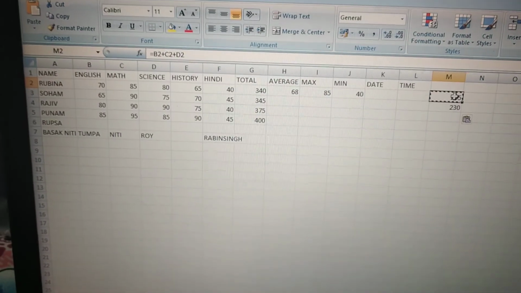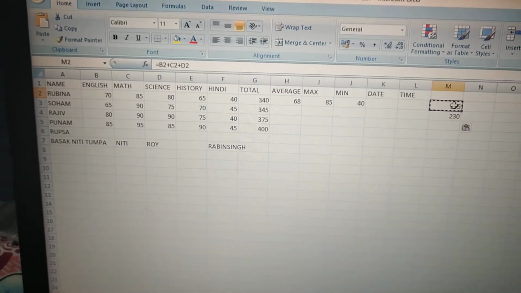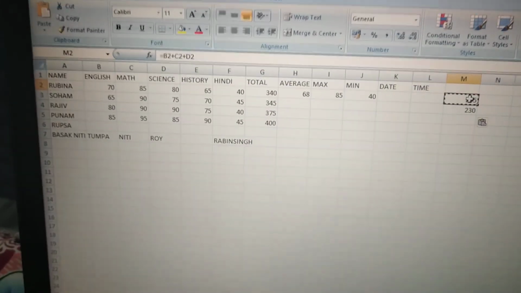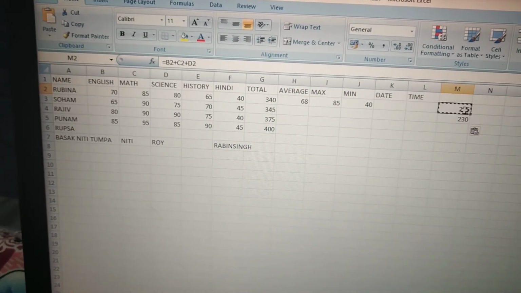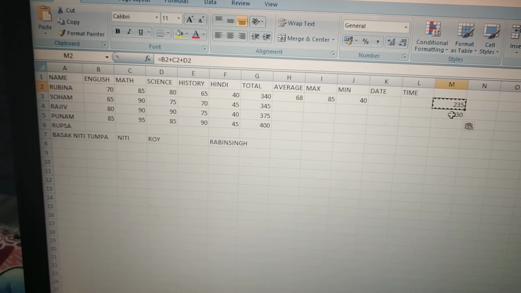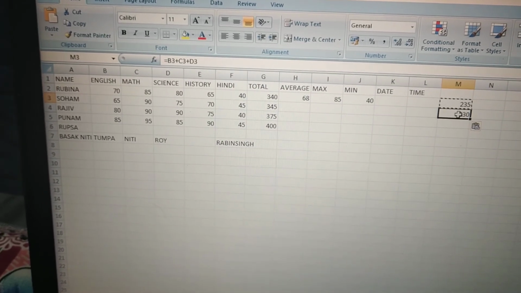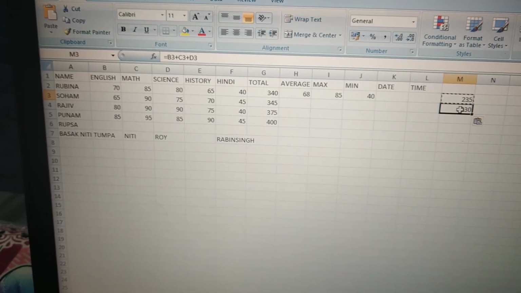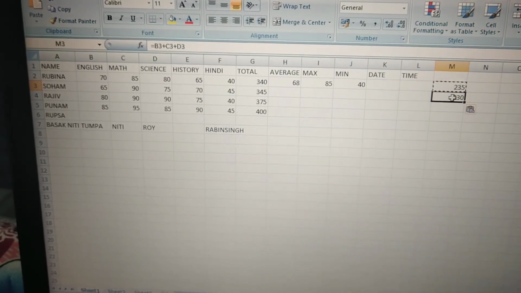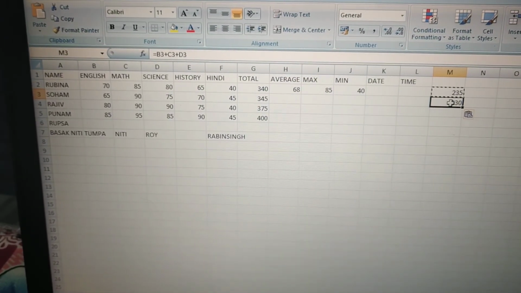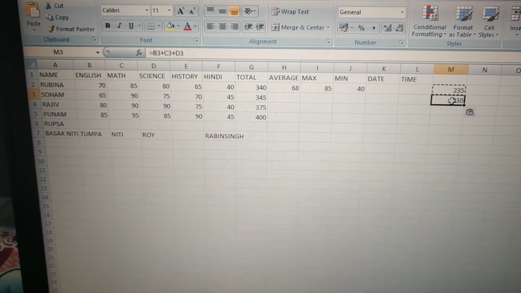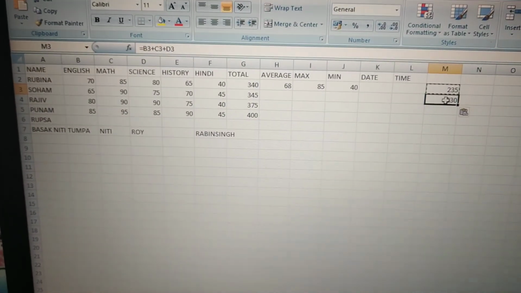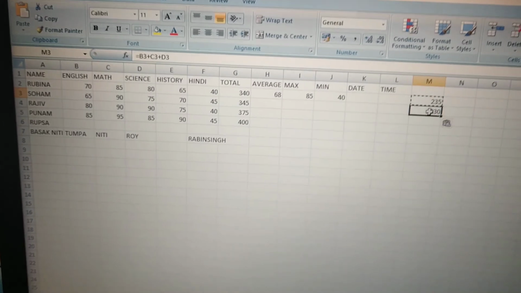So when we copied this 235, B2, C2 plus D2 will not be copied. What will be copied? That is B3, C3 and D3, the cell references respective to that particular row.